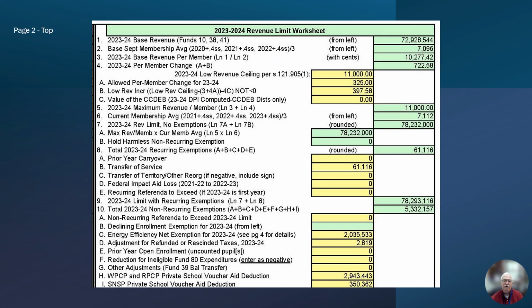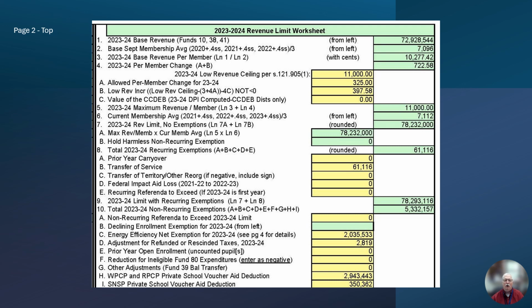We now move to the top of the right-hand side of the revenue limit worksheet and begin calculating the new revenue limit. Keep in mind that these calculations are only preliminary until all key data are known.